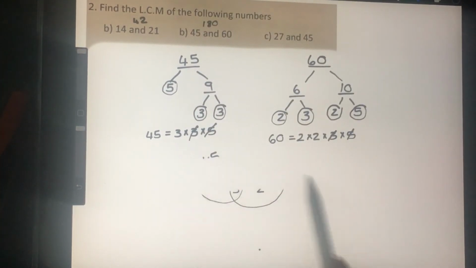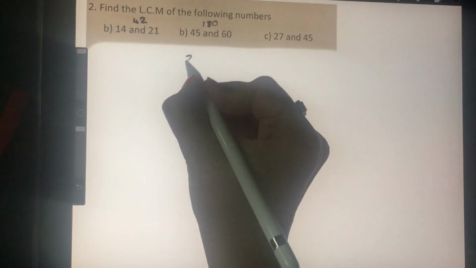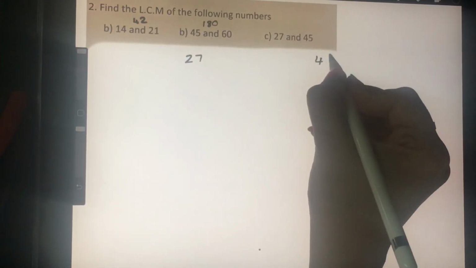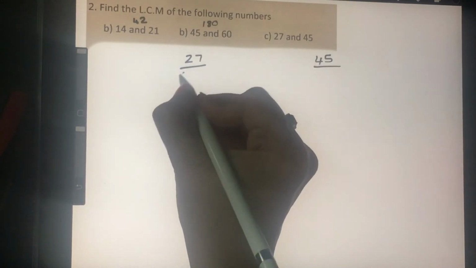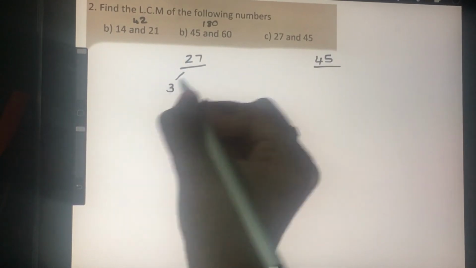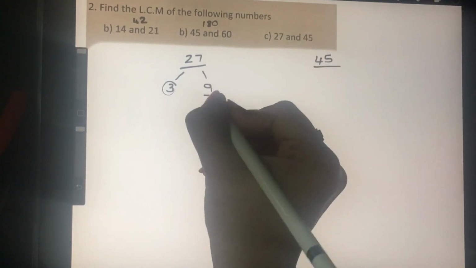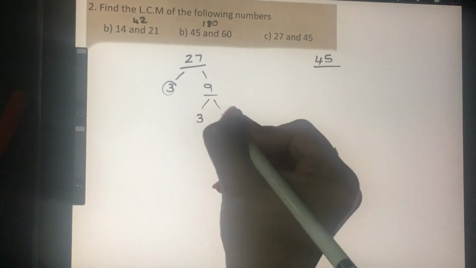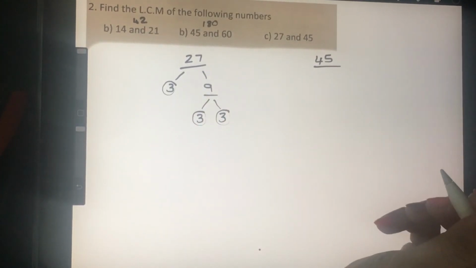Okay, for the last example in this video, we're going to work with numbers 27 and 45, and we are going to break this one up. 27 is 3 times 9. 3 is a prime number, but 9 is not. So 9 can still further be divided into 3 times 3, and both of them are prime numbers.